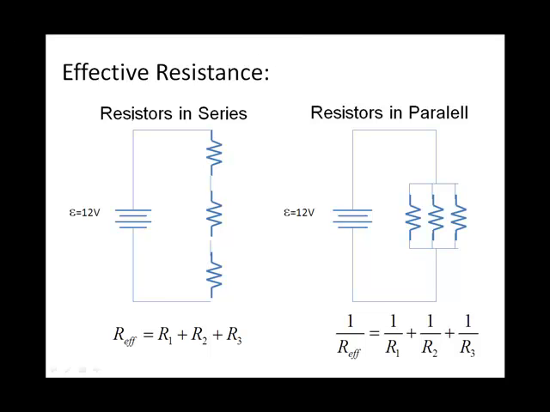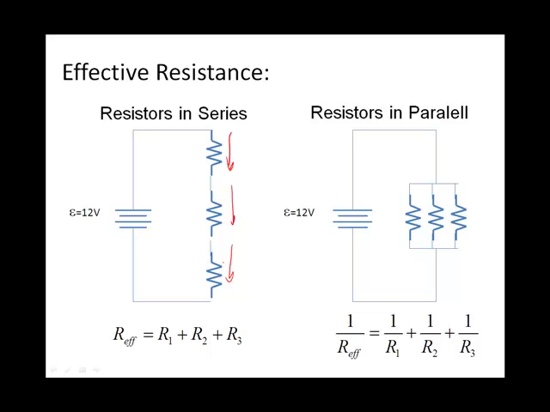Conversely, if we put resistors in series, the electrons now have only one pathway to take, but at each step they're bumping up against a resistor, so the net effect is that the total resistance goes up as a sum of all the individual resistances.